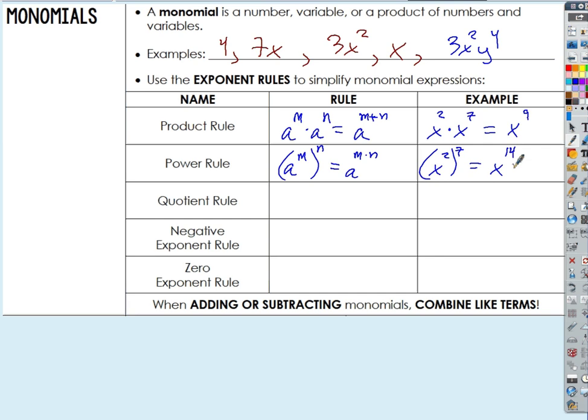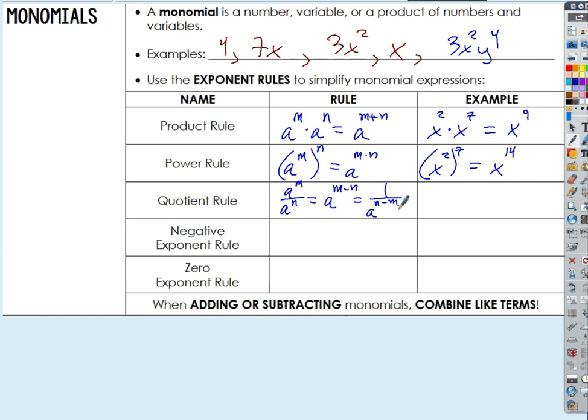Okay, quotient rule. If I divide like bases, a to the m over a to the n equals what? Good. It's equal to a to the m minus n, or, and this isn't one you see very often, I'll show you why I always put this one, it's also equal to 1 over a to the n minus m.